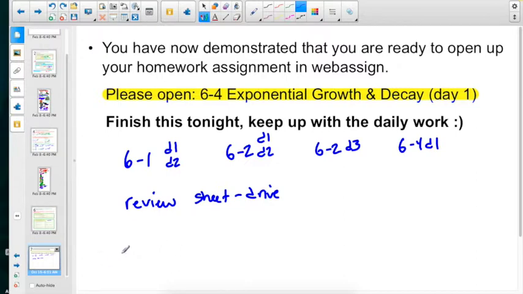And then just a quick recap on today's lesson. Today's lesson had 2 big ideas.